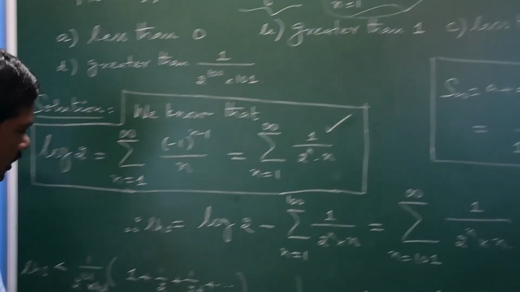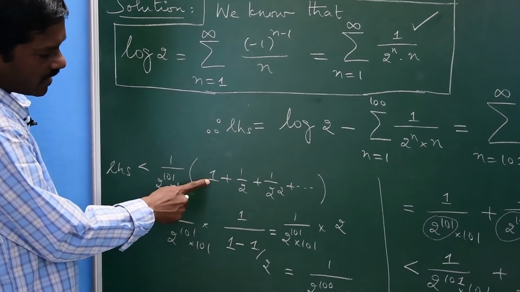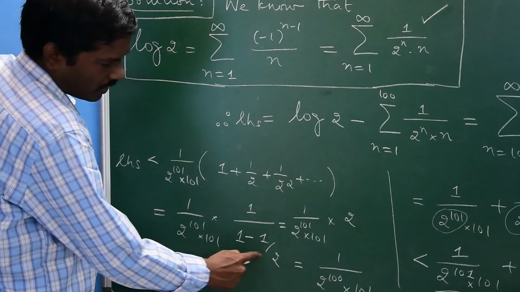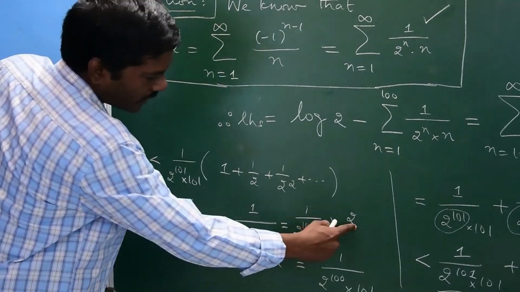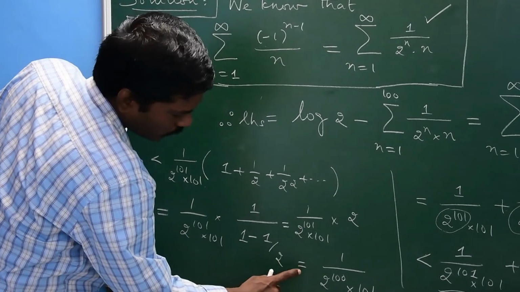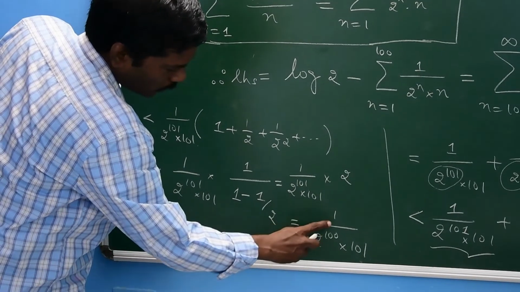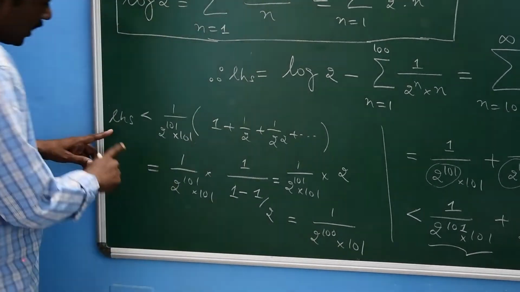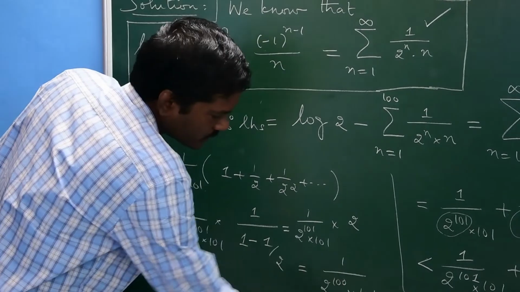In that case, a is 1 here, r is 1 by 2, so 1 over 1 minus 1 by 2 which is 2, and that cancels with the factor here. Ultimately we get 1 over 2 to the power 100 times 101. So the left hand side is strictly less than this.